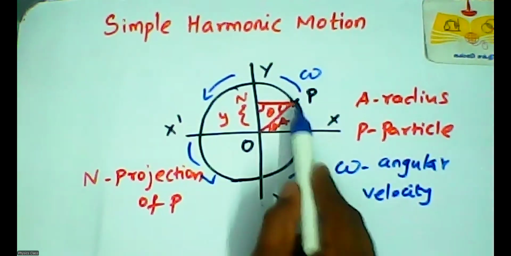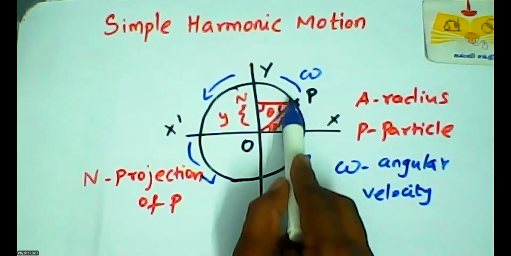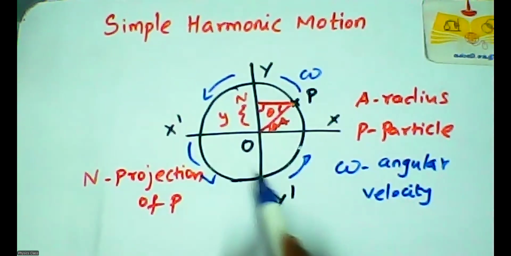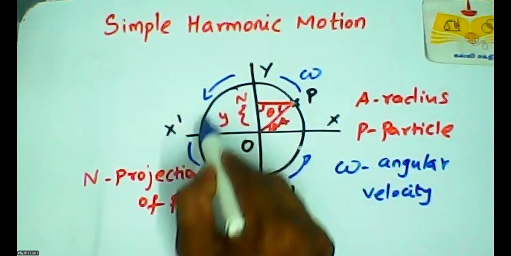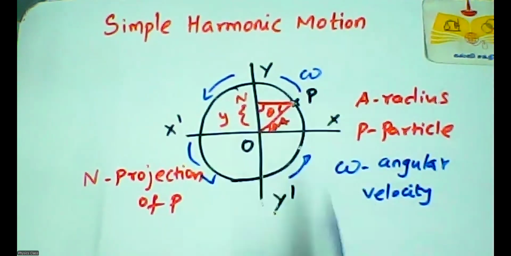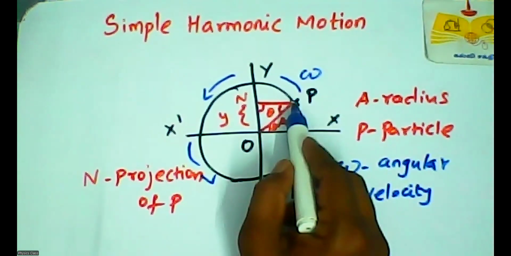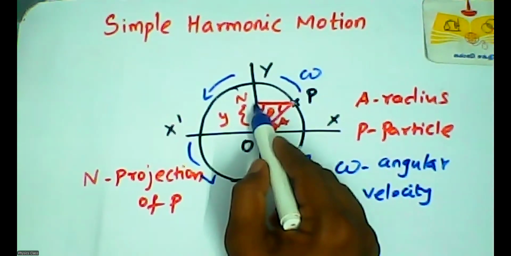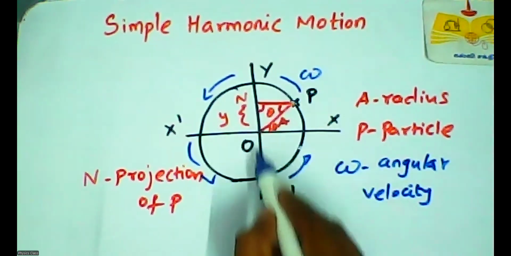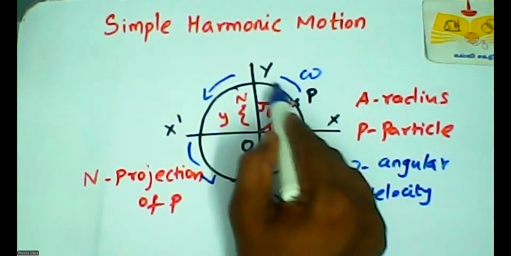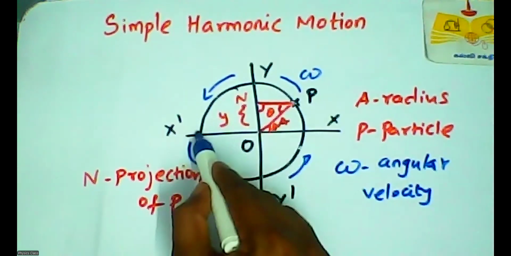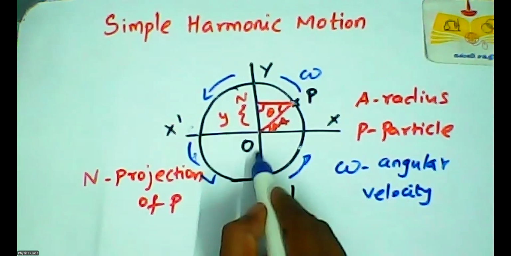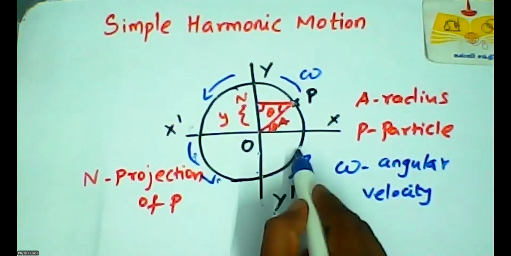Suppose P completes one revolution. One revolution means P starts here, goes like that and ends here. Then its projection point N makes one oscillation on the diameter, because as P goes here, N goes here, and P here, N here, and so on.